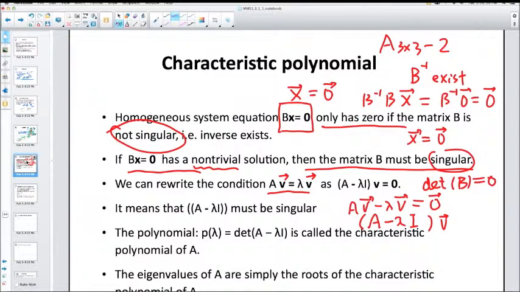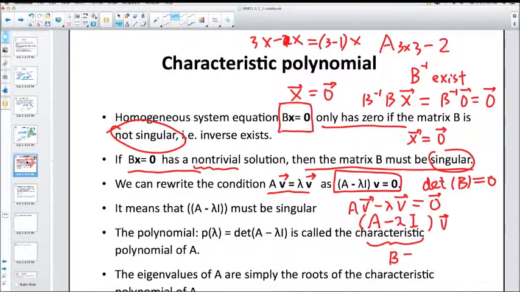Now, let me give you an example. 3x minus 1x: when you factor out the x, what's left? 3 minus 1. The 1 needs to be there. In this case, for the matrix, you need the I to be there. So we got this equation. It looks like B times V equals 0 if we let B equal A minus lambda I.